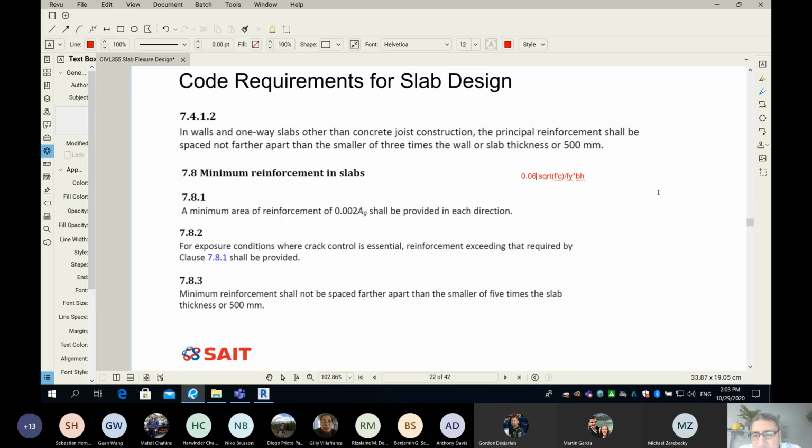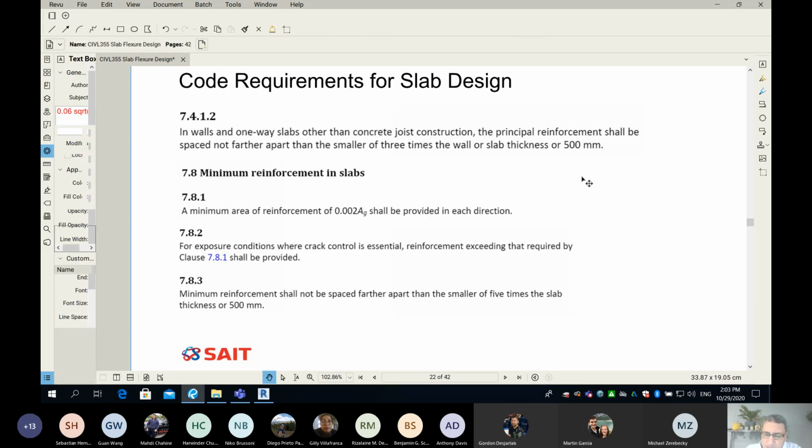So the minimum area of steel for your beam looks like 0.06 multiplied by the square root of f prime c divided by f y, multiplied by the dimensions of your beam. In the slab, we don't use the same equation. Instead, we use a different equation: 0.002 multiplied by the cross-section area of your slab strip.